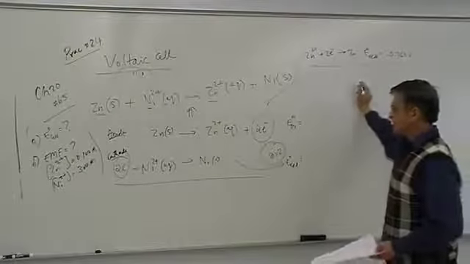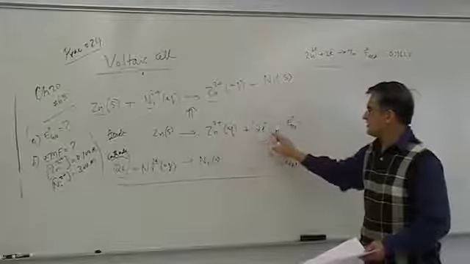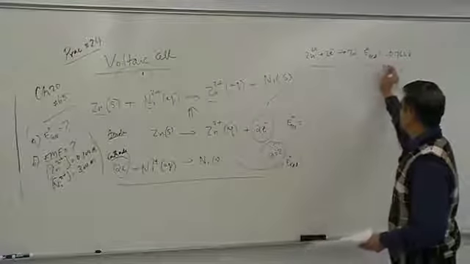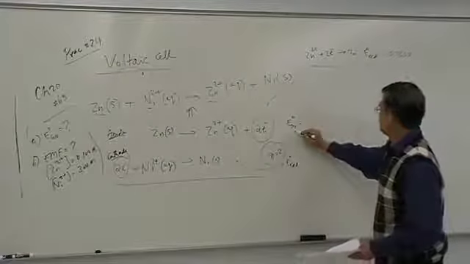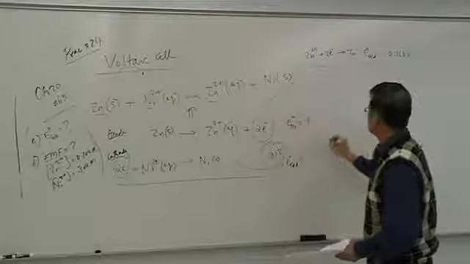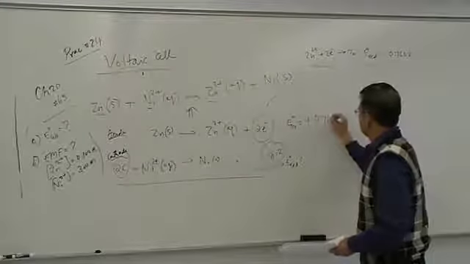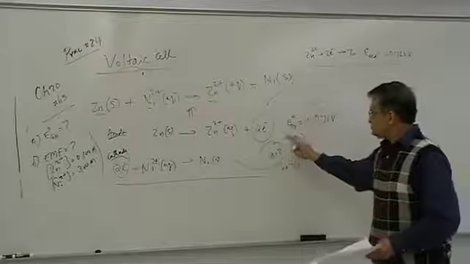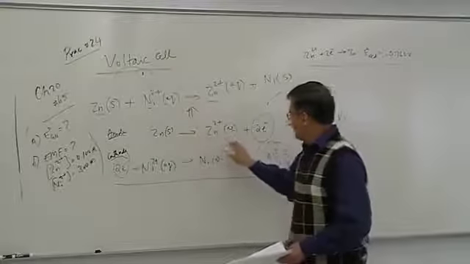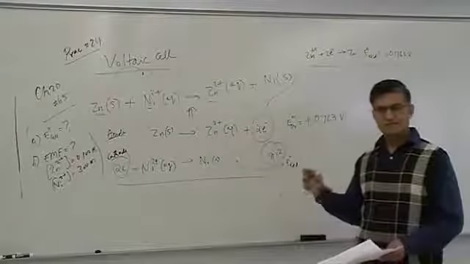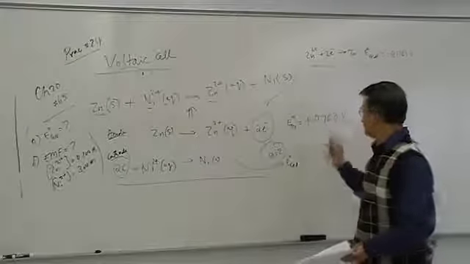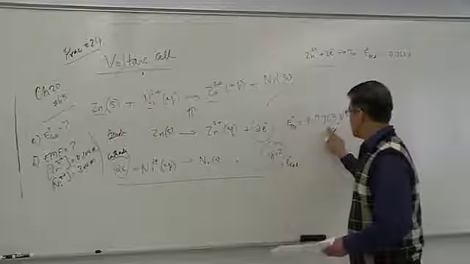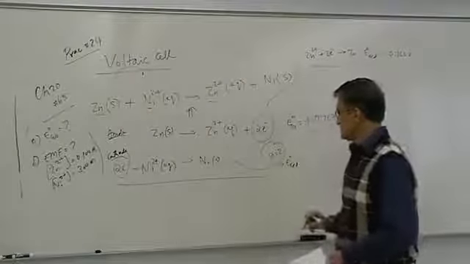But that should be enough for you, because you just use the reverse value for the reverse reaction. So when you reverse the reaction, reduction becomes oxidation. So that's what we need. And the value would remain the same, but the sign gets changed. So it's 0.763. So from reduction value to oxidation value, change the sign. Positive becomes negative, negative becomes positive. So the book value is minus 0.763 because they gave the reduction value. And since we need the oxidation value, we're using this number.